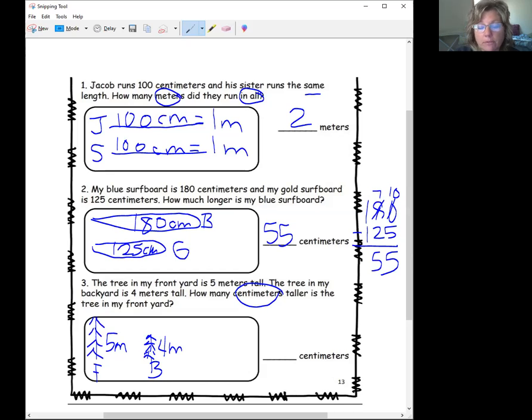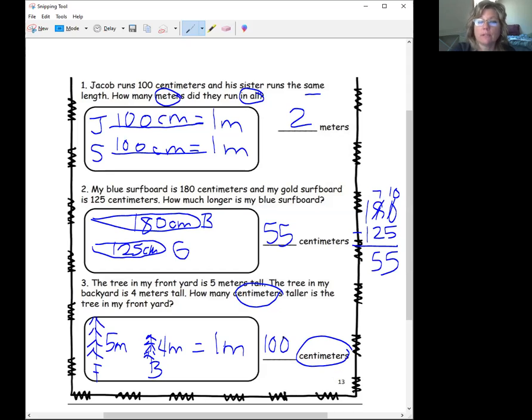So 5 meters minus 4 meters would equal 1 meter. So the tree in the front yard is 1 meter taller, but the answer needs to be in centimeters. So 1 meter is how many centimeters? It's 100 centimeters.